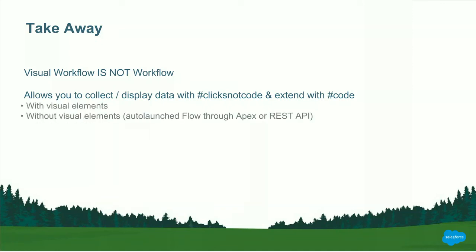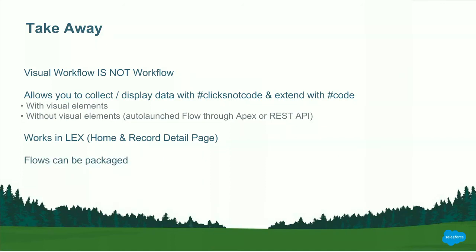And we have two main types: the basic flow with visual elements, survey, etc., and the auto-launched one, which is simply acting in the background. This works in Lightning Experience. You can start using it right now. And you can distribute flows and package them to your customers if you need to.